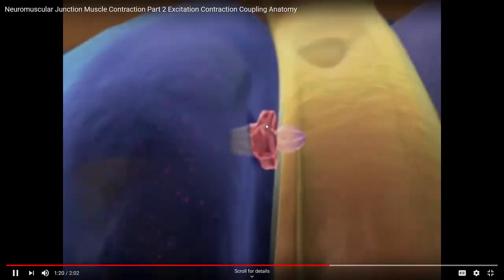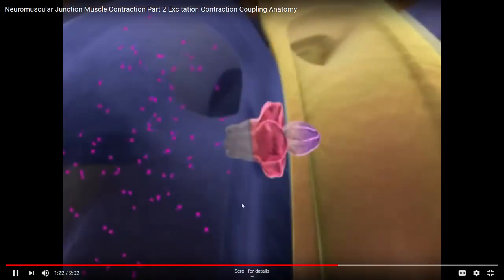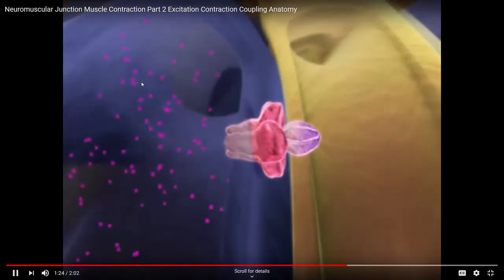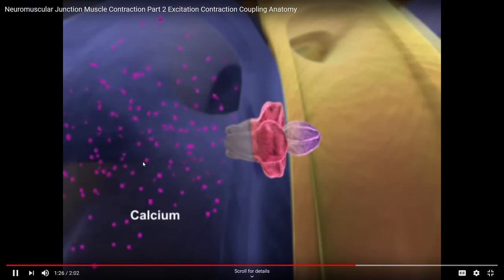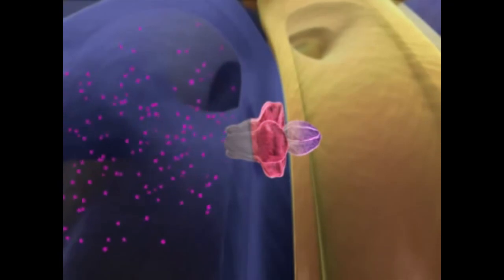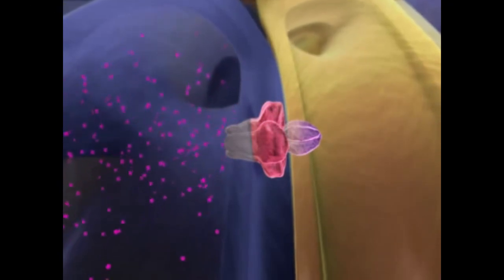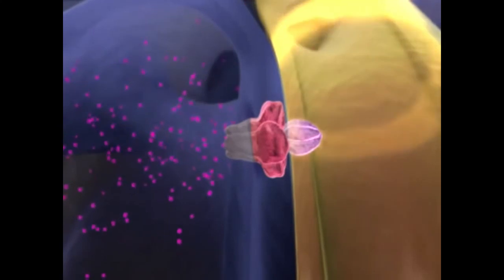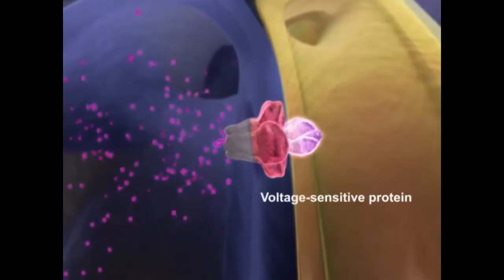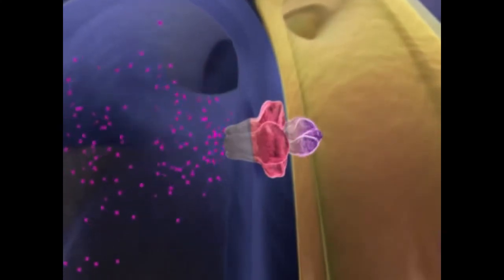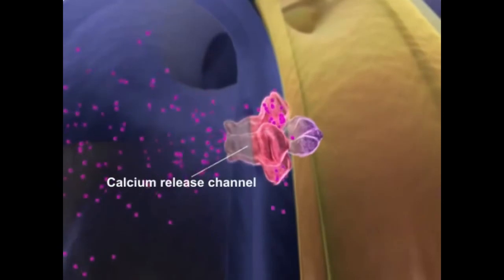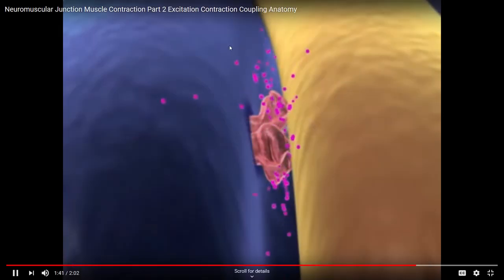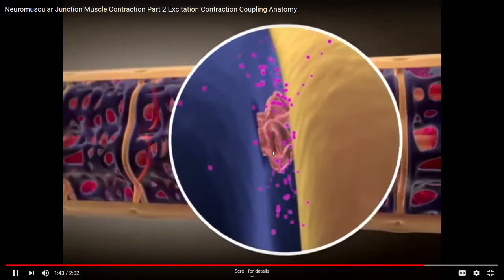There's our ryanodine receptor. Lots of calcium inside the SR. There's our action potential. Now calcium is flooding into the interior of the muscle cell.